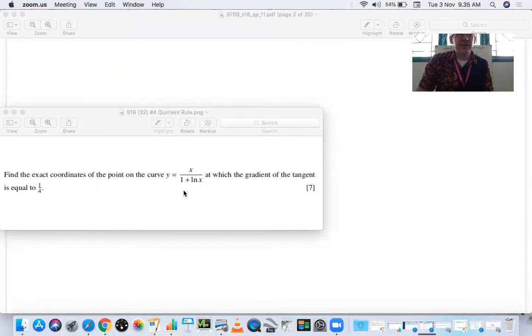Our curve is a fraction or a quotient with an algebraic term on the top and a logarithmic term on the bottom. And gradient is slope, which should connect your mind to derivative. The gradient of the tangent is equal to 1/4.